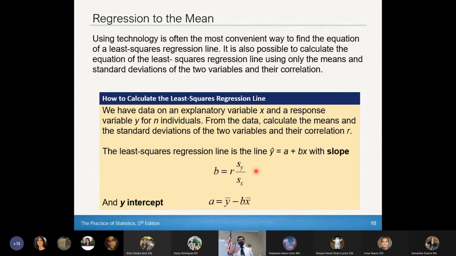We have the standard deviation of y divided by the standard deviation of x. And the y-intercept a equals y bar, the mean of y, minus b times x bar, which is the mean of x. So we need b before we can find a, because we use b here.